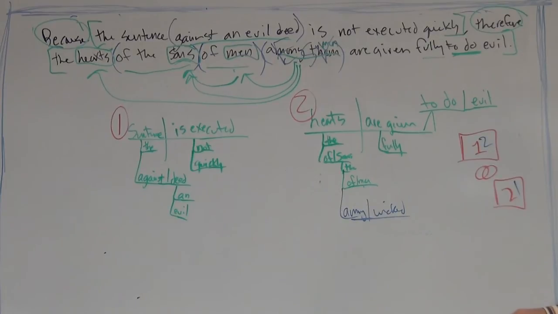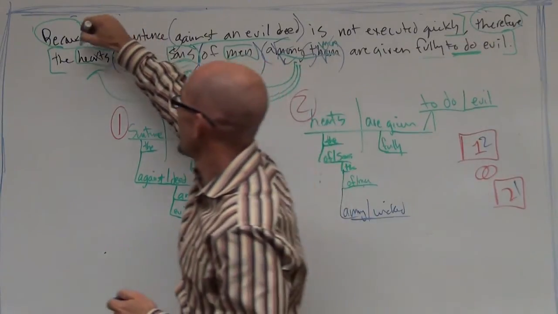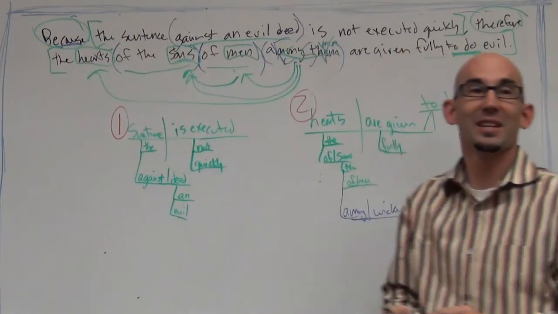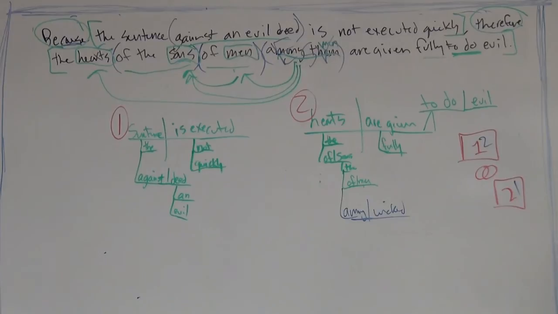Would it be like cause and effect though? Cause would come first. Okay, cause and effect. Which one's the cause and which one's the effect? The cause would be, because the justice is not executed. Right. And what's neat is our word cause is even indicating that in the because. That's kind of what because means.